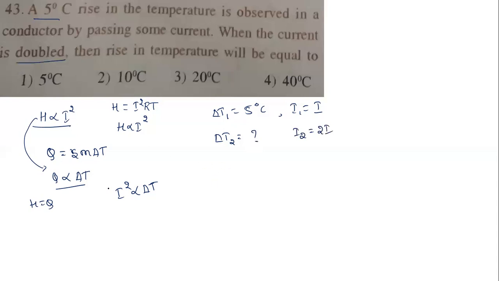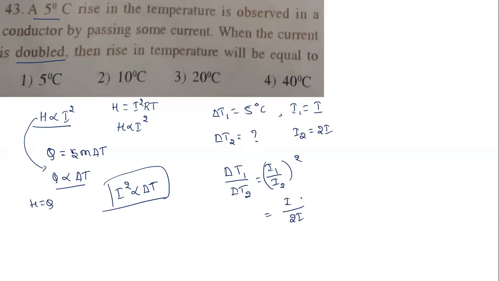Taking the ratio, delta T1 by delta T2 equals I1 by I2 whole square. Inserting the values, I by 2I whole square, I and I cancel, and it becomes 1 by 4. That is delta T1 by delta T2.